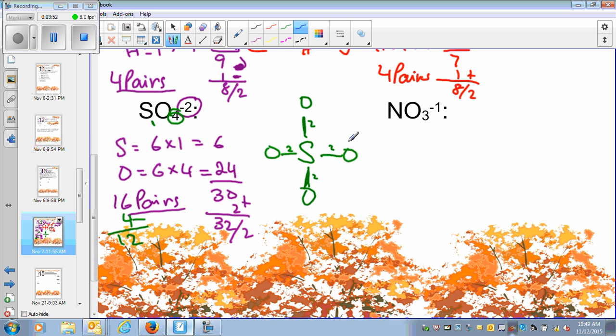I use all the 12 pairs to put lone pairs around oxygen because oxygen did not have 8 valence electrons; oxygen only had 2 right here. So 2, 4, 6, 8 for each one. Everybody must get 8.